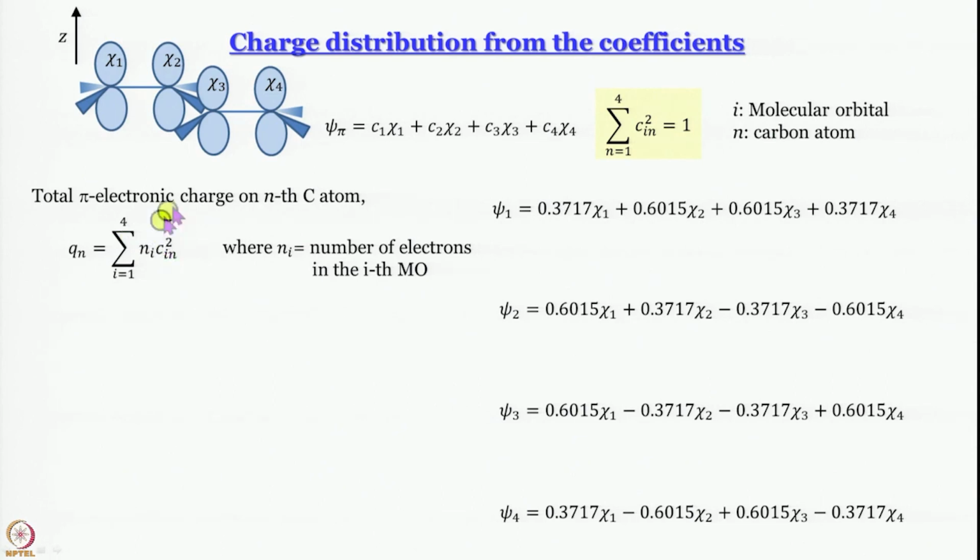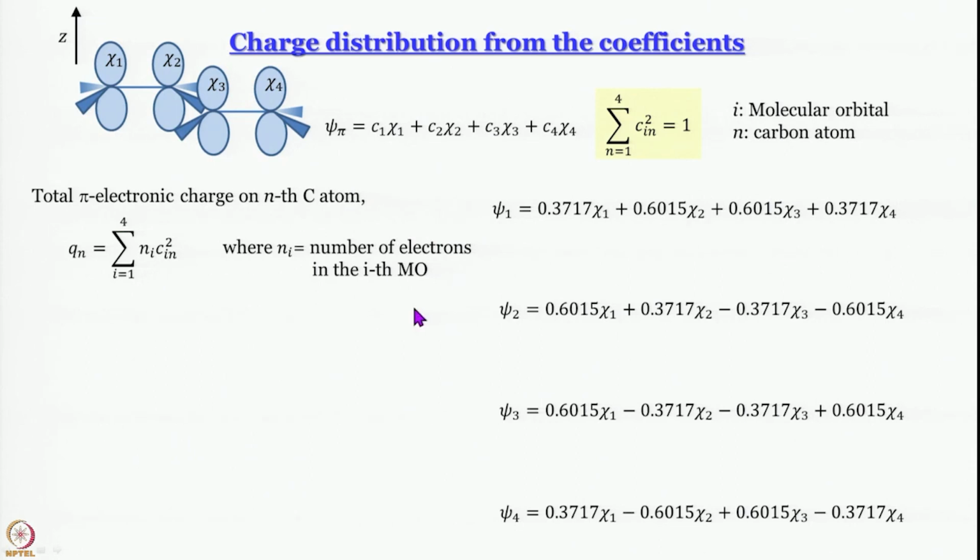Cin square is the contribution, the population you can say, and Ni is the number of electrons. So, multiply them together, you get the contribution of charge for that MO in this atom, and you sum over all the MOs, you get the total charge distribution on the nth atom.